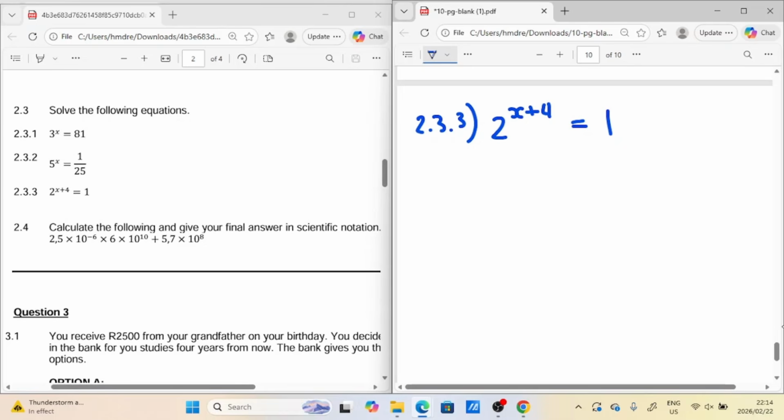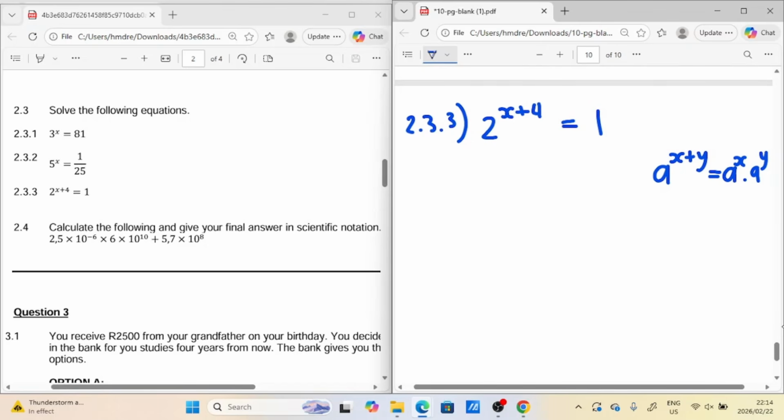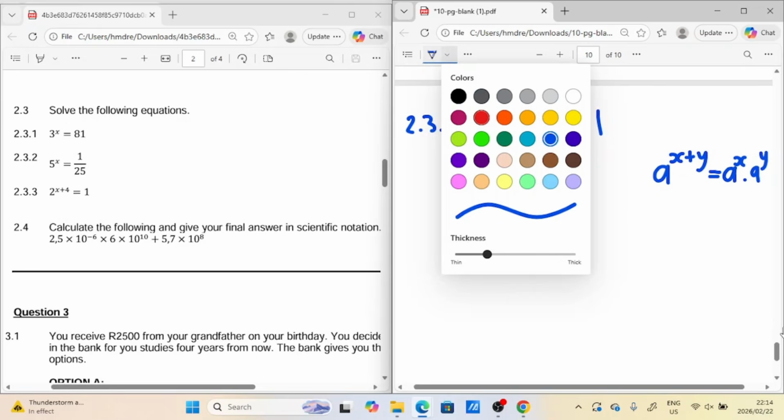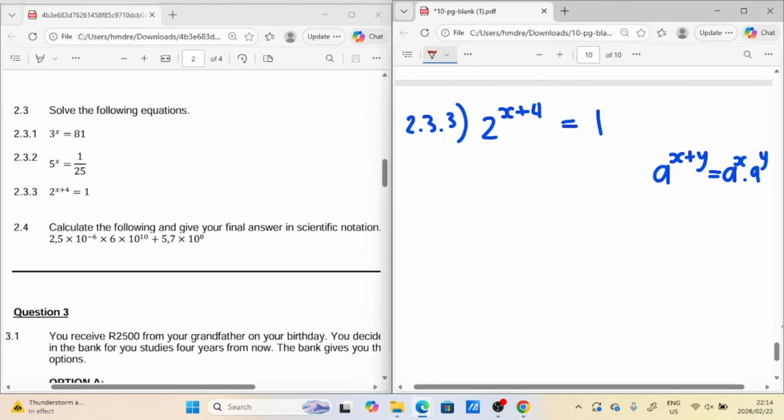So if you have a to the x plus y, you can rewrite that as a to the x times a to the y. Okay, so that's what they're wanting us to do here. So we can do that for that 2 there. So we can say 2 to the x plus 4, or 2 to the x times 2 to the 4, is equal to 1.